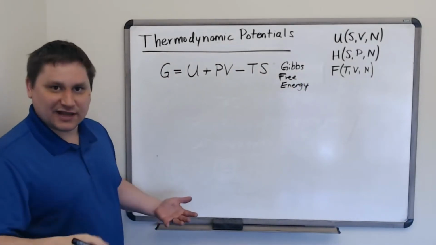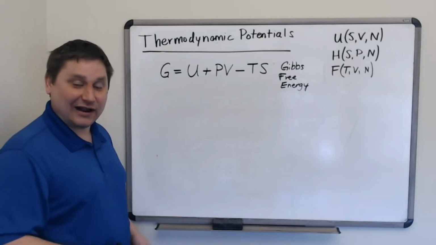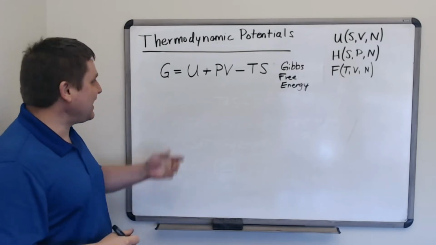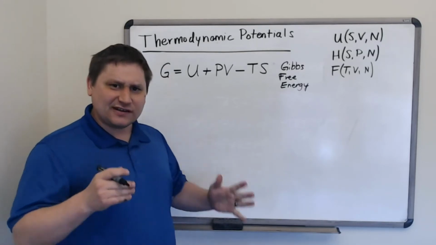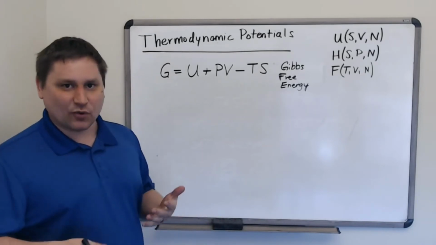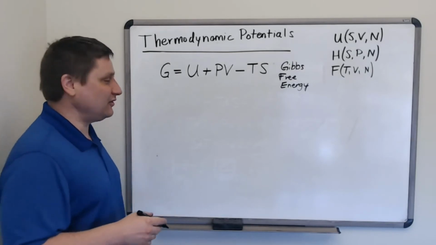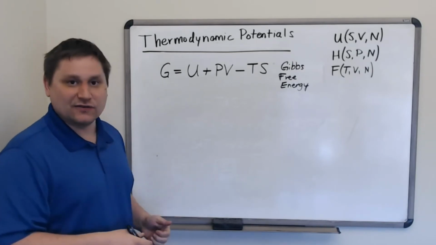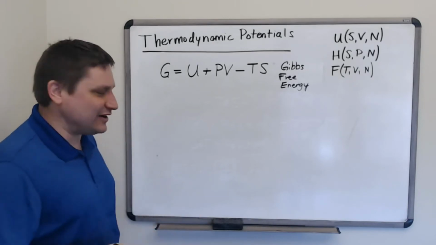Of course, Mr. Gibbs did wondrous things for the study of thermodynamics, so he rightly deserves his name to be assigned to one of these quantities. But again, it's just a name. Just because it's called free energy, it doesn't necessarily mean that it's more important than any other type of energy. It just will have different natural variables that might be useful or less useful in a given situation.